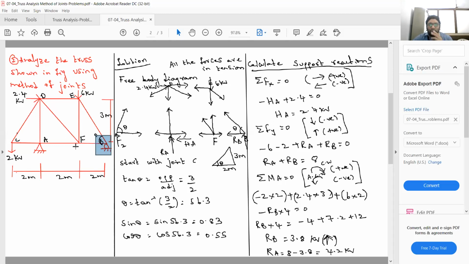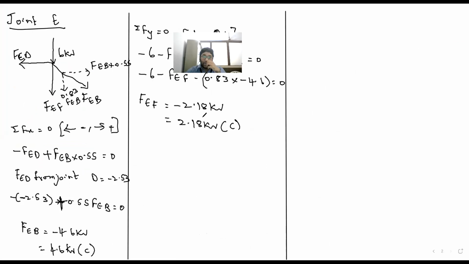So what is the unknown in this final joint? Only one member is left over, FBF. Apart from that, we have got everything. So whenever you go to the next joint, you need to check what is there and what is not there. That is very important for us.